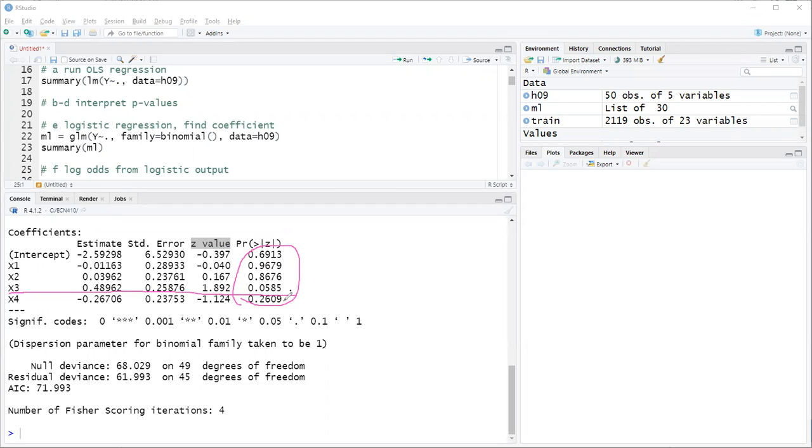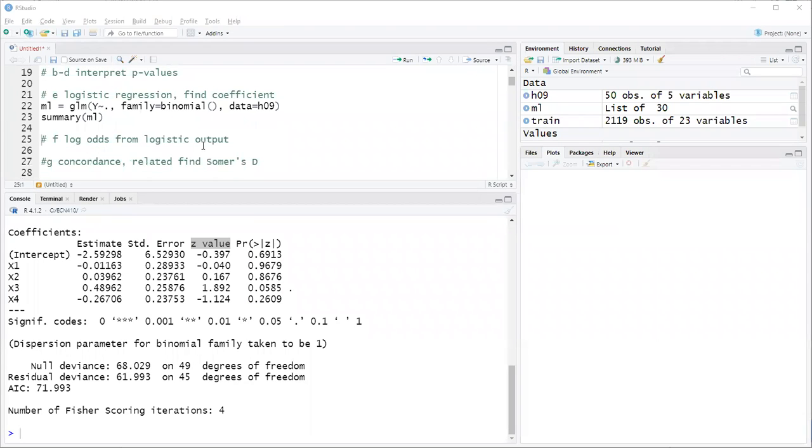X4 has a moderately large p-value, and then X1 and X2, again, quite large, definitely appearing that they don't belong in the model. But in the rest of the output, there is no R square being provided. There's no F statistic, right? The output for the logistic regression simply looks different.